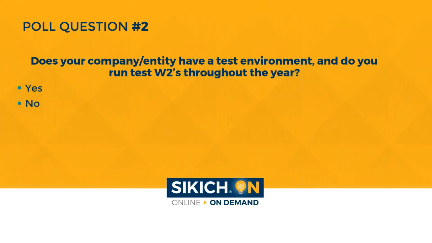So we're getting ready to close the poll, and we have 34% of you actually do run test W-2s throughout the year, and 66% of you do not. My recommendation, as you probably can figure out, is run mock W-2s at least twice a year. It will make your life at year end so much easier.